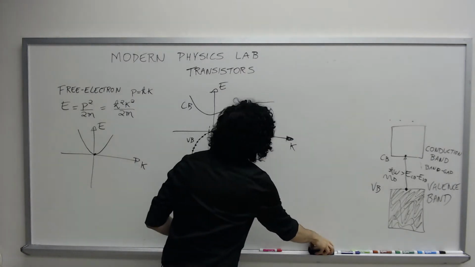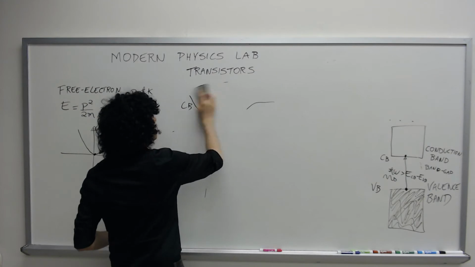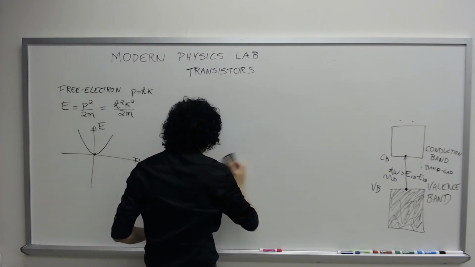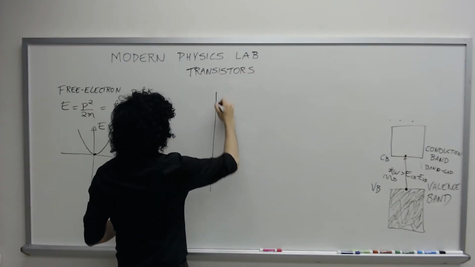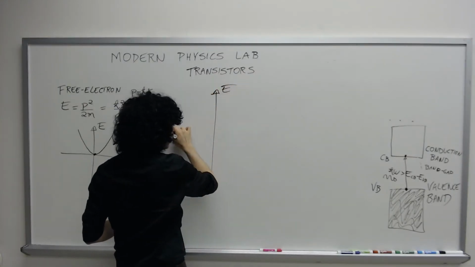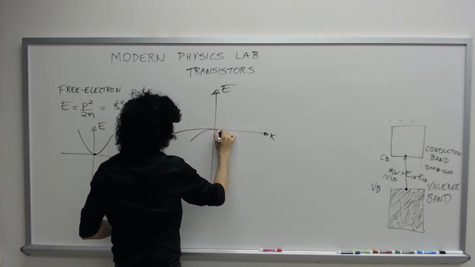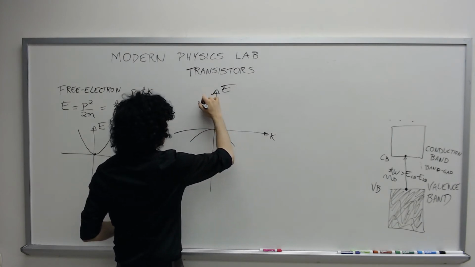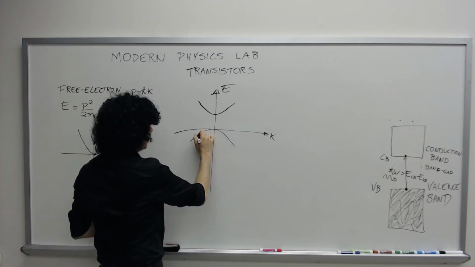In this case, we can express both the conduction and the valence band as parabolas, because we are assuming that k is close to 0. And here we fill up with electrons.